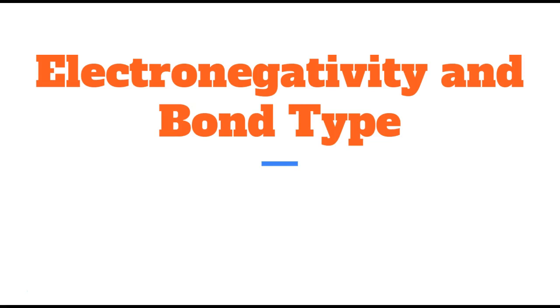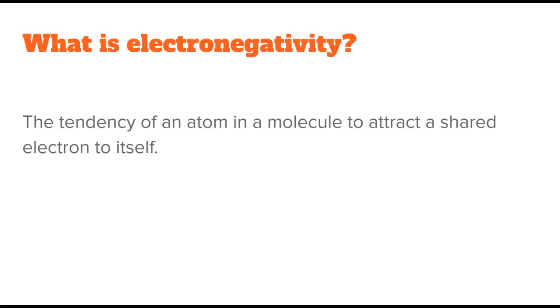Just to refresh your memory on what electronegativity is, it's something we had briefly mentioned in the first semester: electronegativity is the tendency of an atom in a molecule to attract a shared electron to itself. In simple words, it's the tendency of an atom to gain an electron, not to lose it.